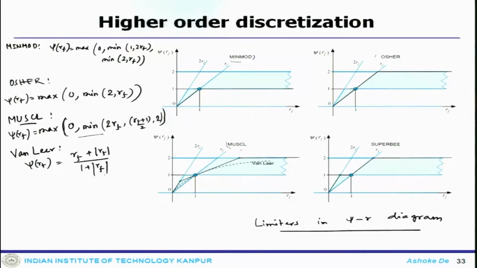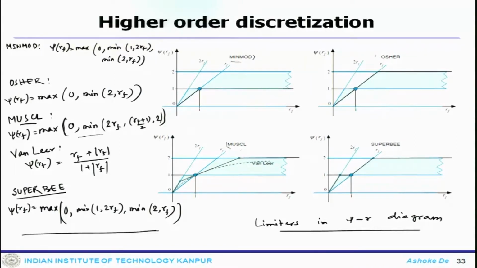So, that is Van Leer, and then Superbee, which is psi RF equals max of 0, minimum of 1 and 2 RF, minimum of 2 comma RF. So, this is how one can define these limiters, and they are presented in this diagram.